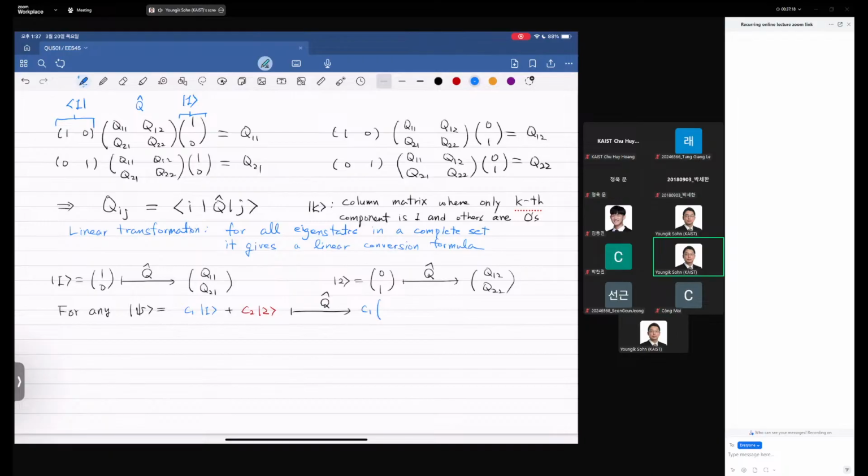For the blue term, we already know the answer for the basis vector, and we just multiply the coefficient. At the same time, the red one is being transformed into C2 times Q12, Q22. Then you can add up, and that's going to be D1, D2.